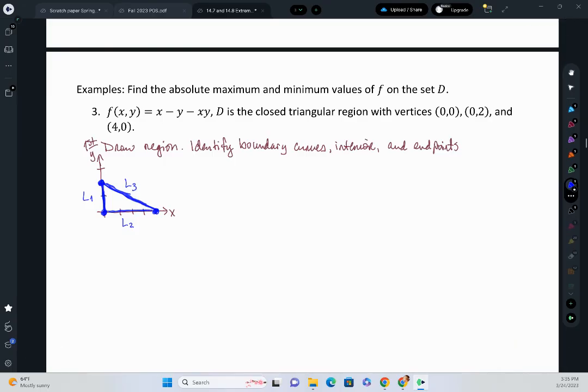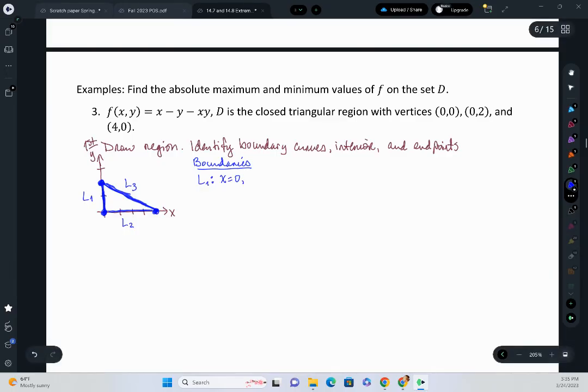For the boundaries, L1 is defined by a vertical line going through the y-axis, x equals 0. That's the equation of that line.